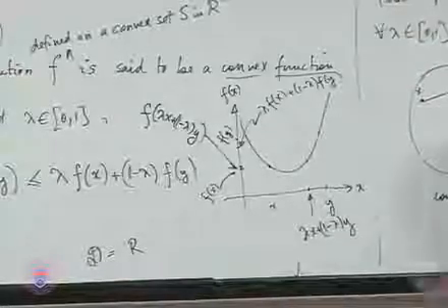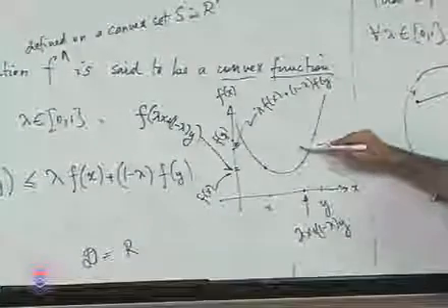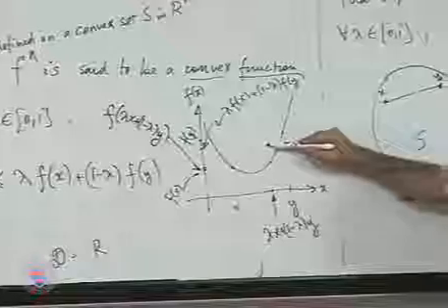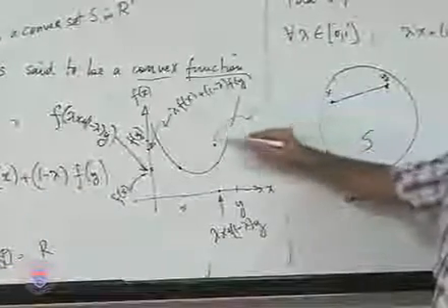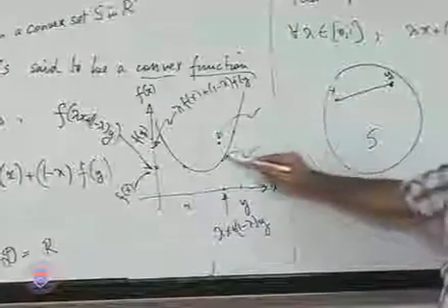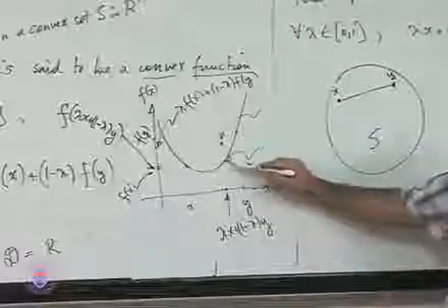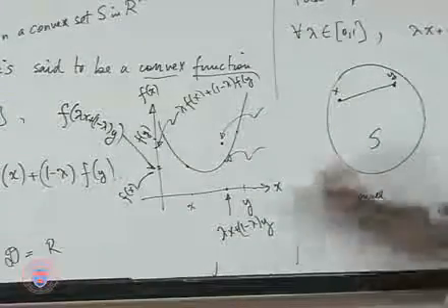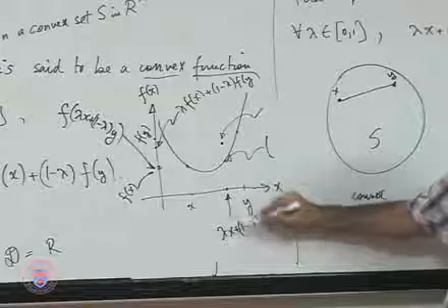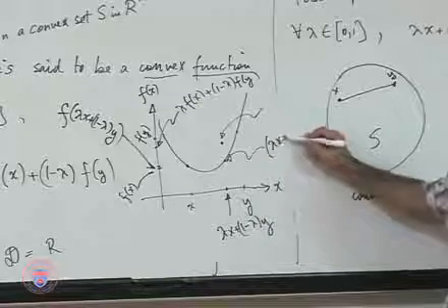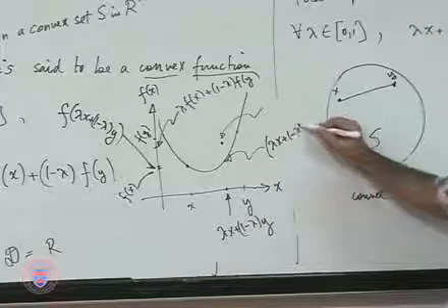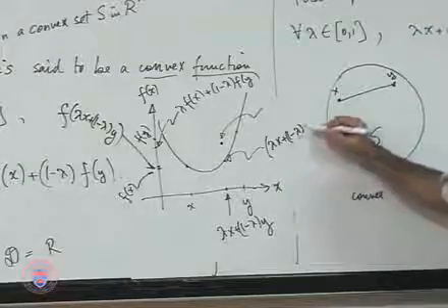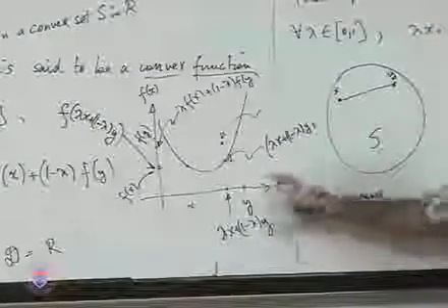And then you look at this point here. What point is this? And what point is this? What point is this, first of all? That's the point whose x-coordinate is lambda x plus 1 minus lambda y. What is the y-coordinate?